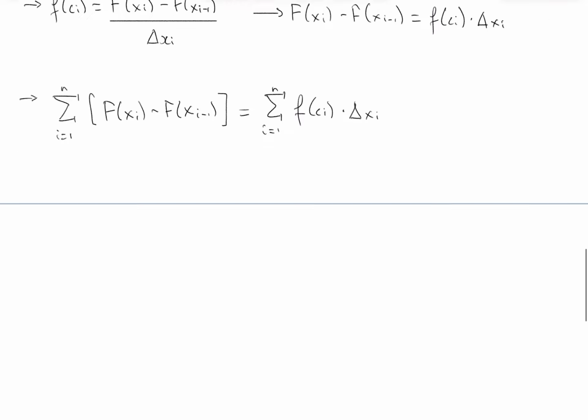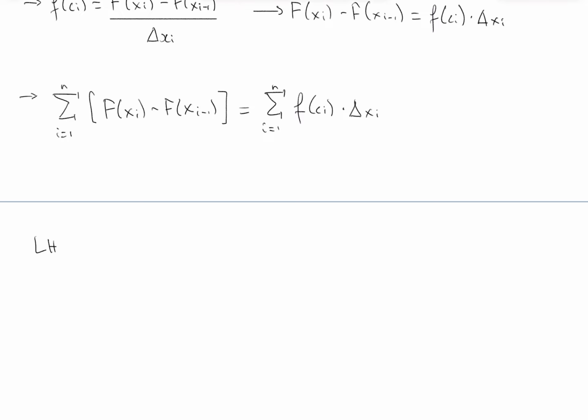So let's consider the left-hand side of this new equation now. So what happens if we're taking sums of these things? So let's expand it. So let's start from i equals 1. We have f of x1 minus f of x0. So that's i equals 1.